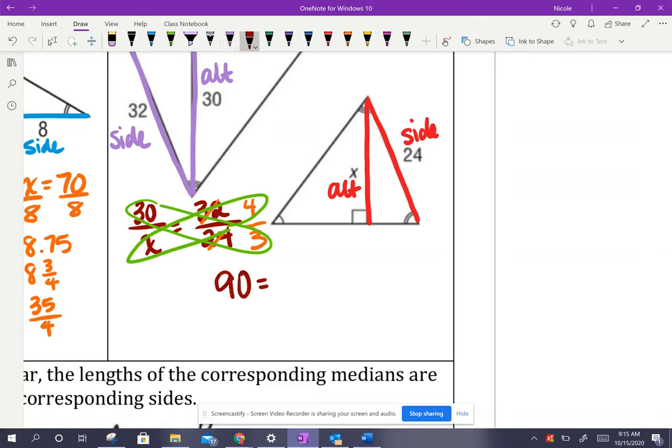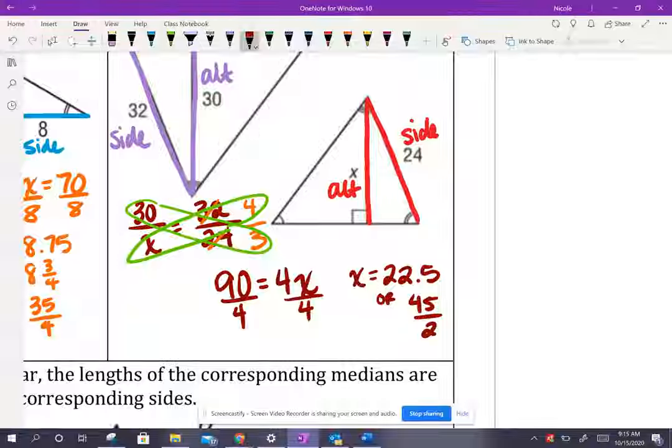So 30 times 3 is 90 equals 4x. And when you divide by 4, x becomes, you could say 22.5 or 45 over 2. Works as well.